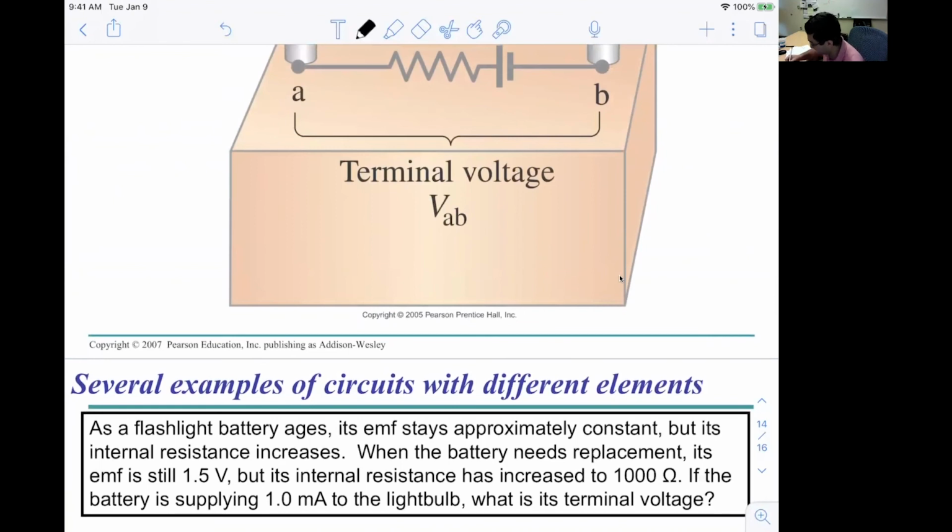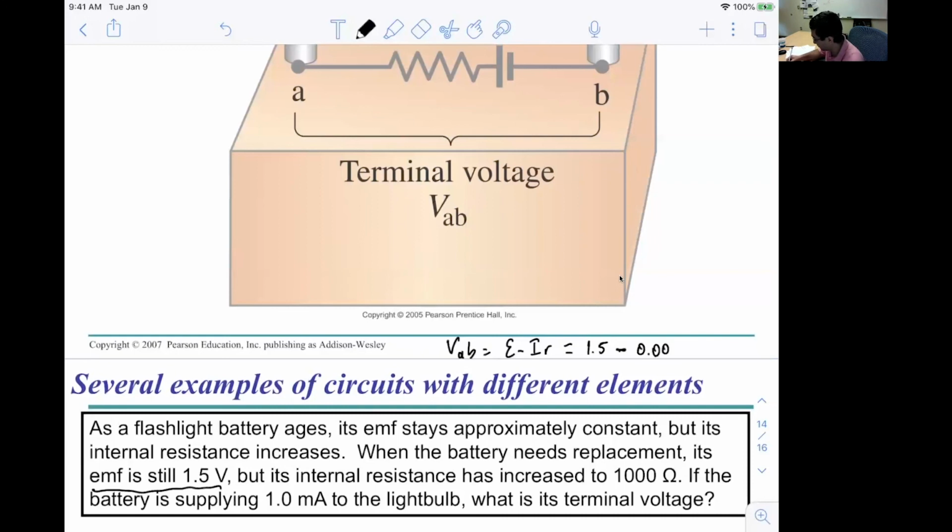If the resistance increases to 1000 ohm and it's supplying 1 milliamp, what's the terminal voltage? We will apply VAB equals EMF minus I times R. We show the R usually as the internal resistance. So you have 1.5 volts EMF, and the current is 1 milliamp.